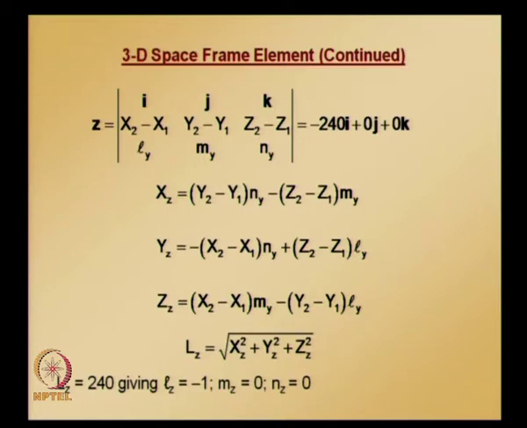If we normalize with respect to the magnitude of this vector, we get the unit vector along the local z axis, and its components are Lz equal to minus 1, Mz equal to 0, Nz equal to 0.